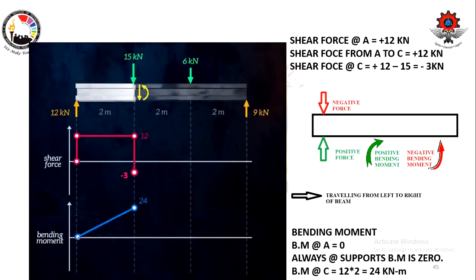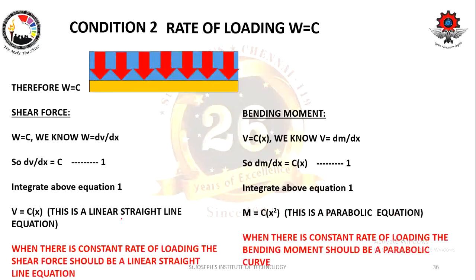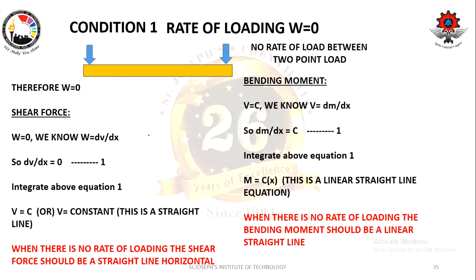Why have we drawn an inclined line? Do you remember that? We have already seen why we have drawn an inclined line. If you don't, I will trace you back to that particular area. See, there is no rate of loading between 2 points. In that condition, bending moment should be a linear straight line.